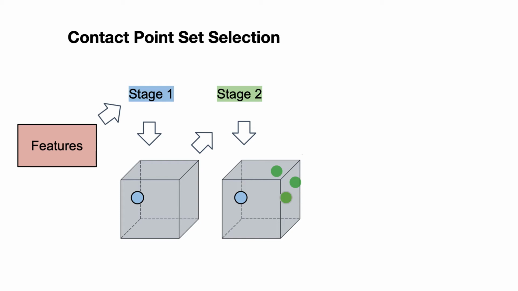Conditioning on the first selected point, in stage 2, our model first predicts the probability of whether the object point belongs to the same contact point set as the first selected object point. Our model then ranks the object points and selects the top K2 points.